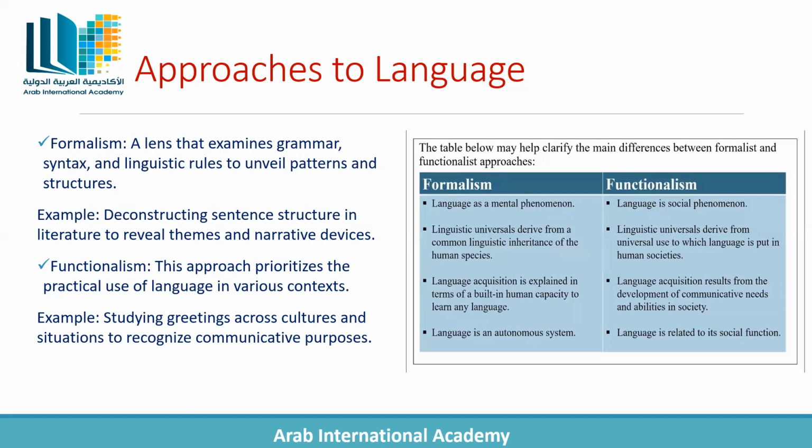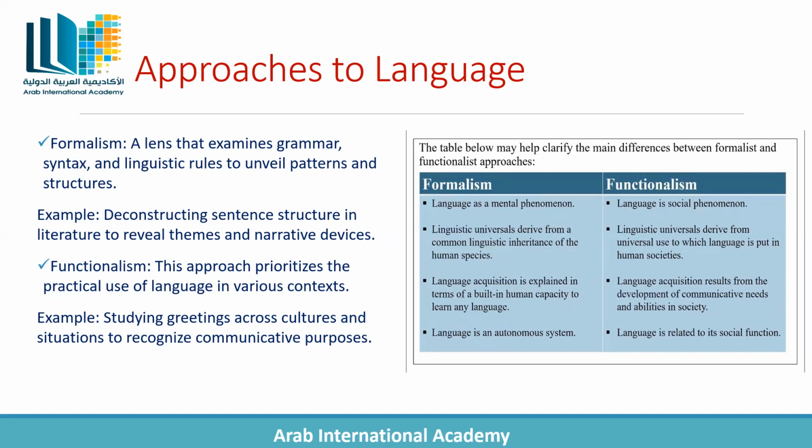We will explain these in more simple words right now. So, two different lenses through which we can explore language: the formalism and functionalism approaches. With formalism, imagine you're examining the architecture of a building. Formalism is like studying the blueprint of language, its grammar, syntax, and rules.